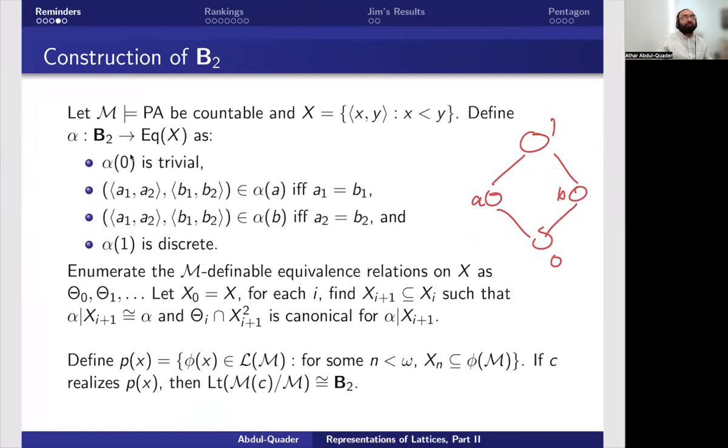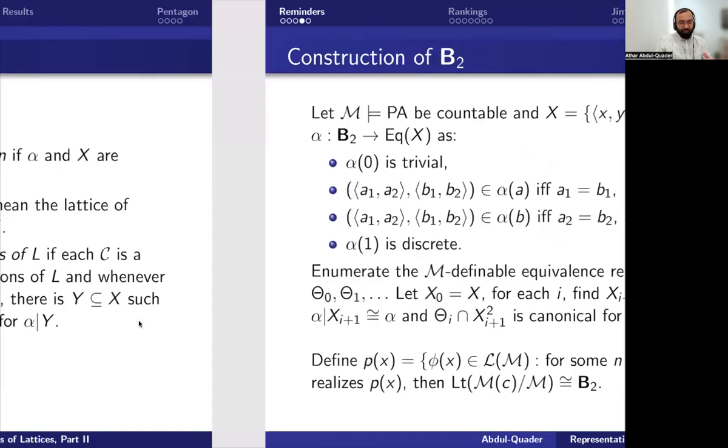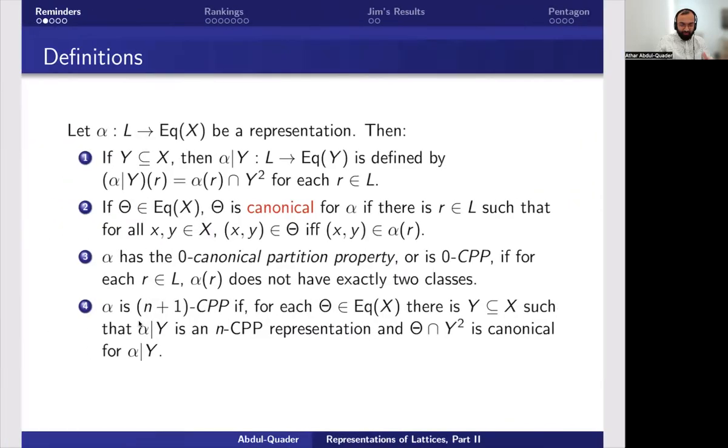And so how does this representation help us build a type? We enumerate the M definable equivalence relations on X as theta 0, theta 1, etc. I'm assuming M is countable here. We start with x0 being the set X, and then for each i, we find some subset of xi so that alpha restricted to xi plus 1 is isomorphic to alpha. I'm realizing I may have left out that definition.